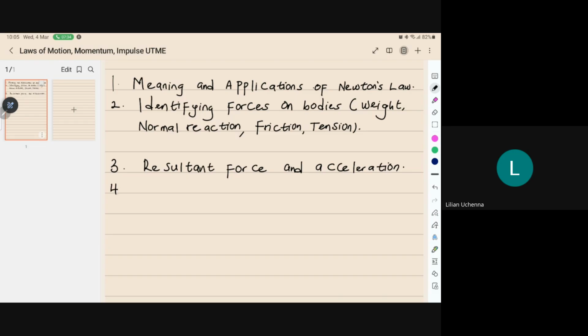Now, the fourth thing you should pay attention to is your impulse and momentum calculations, right? And after that, there should be your force-time graph, right? How to estimate your impulse from the force-time graph.